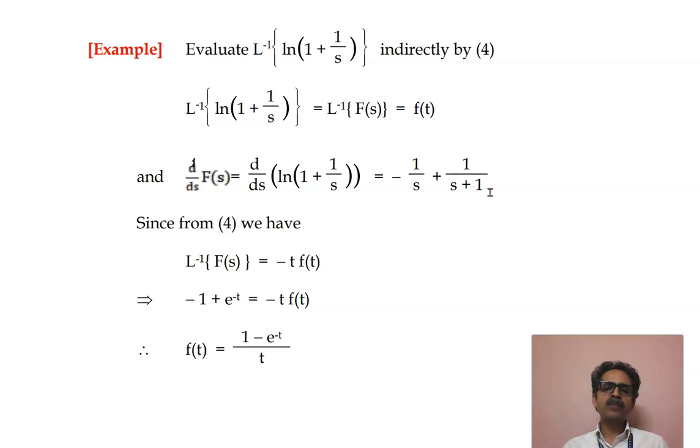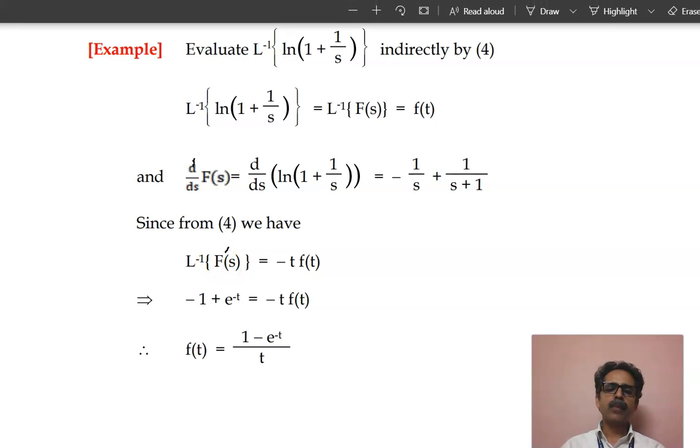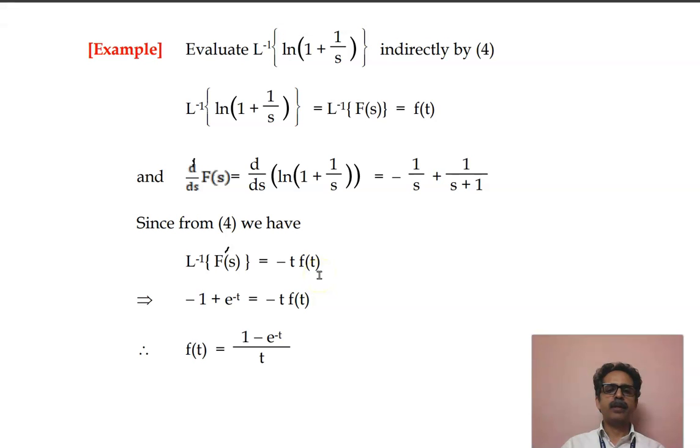We know that L inverse of f dash of s is equal to minus t into f of t. So this is the important formula, that is L inverse of the derivative f dash of s is equal to minus t into f of t, right?